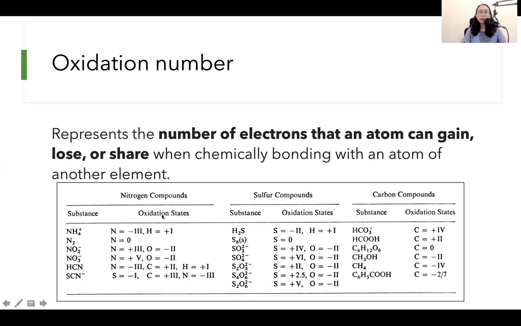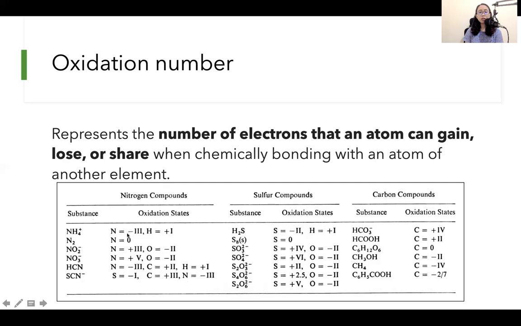You will need to mention the oxidation number of the two elements found in this molecular formula. So you need to know the oxidation number of nitrogen and the oxidation number of hydrogen. Sometimes oxidation number is referred to as oxidation states. So they are the same.